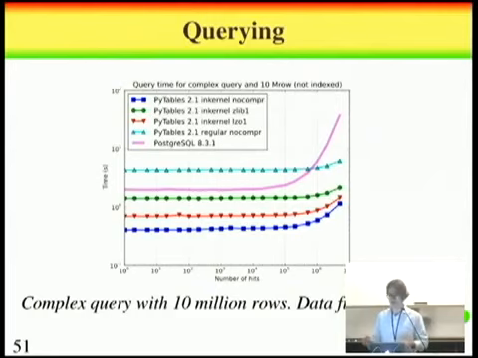So how much better is this? Ignore all this stuff about the compression levels or whatever. For right now, just be interested in this cyan line, and this dark blue line, and the comparison with Postgres.